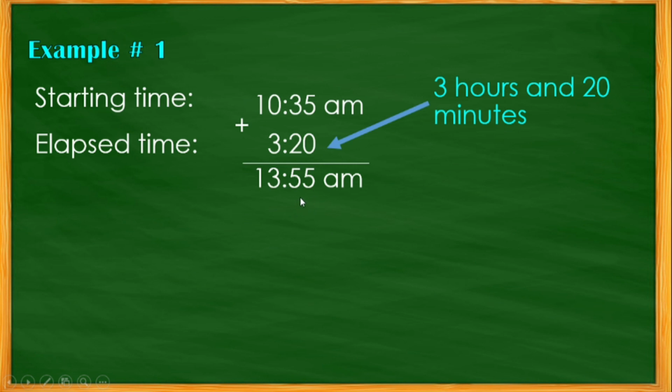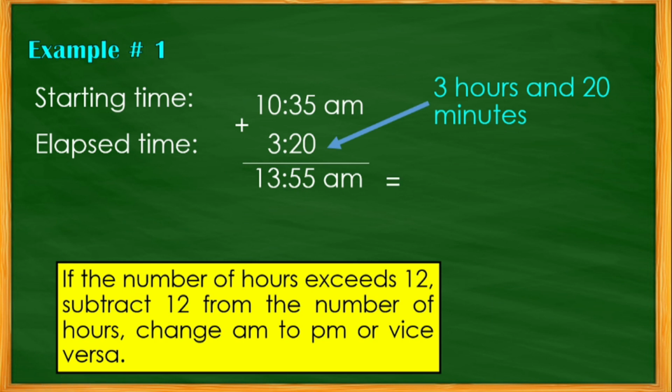But we're going to convert this into 1:55 p.m. If the number of hours exceeds 12 hours, we subtract 12 hours and change AM to PM or vice versa.